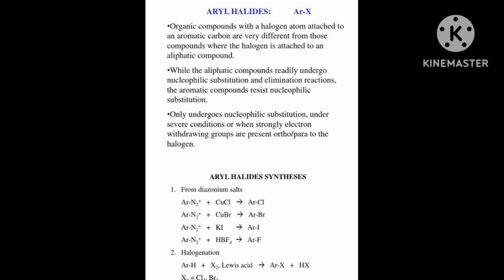I have told you many reactions based on nucleophilic substitution. These reactions are called nucleophilic substitution of alkyl halide. Here the alkyl halide is RX, and Nu means nucleophile, which is negatively charged. Both are negative, the halide is negative and the nucleophile is also negative, hence substitution can take place easily.